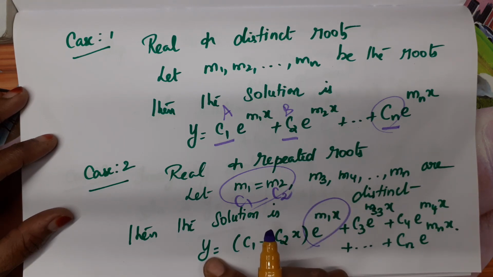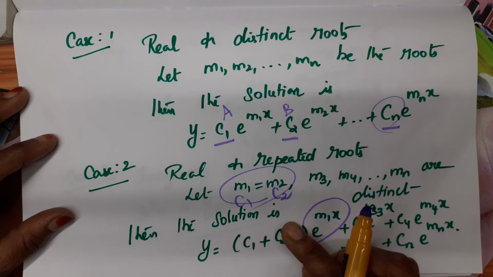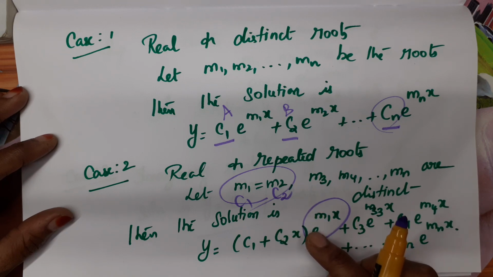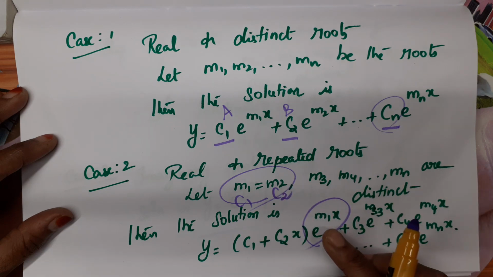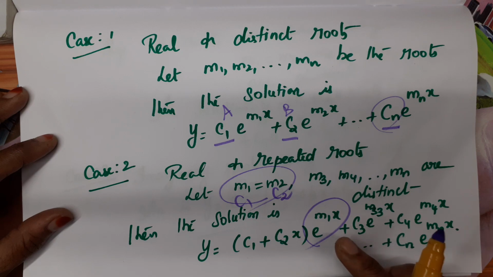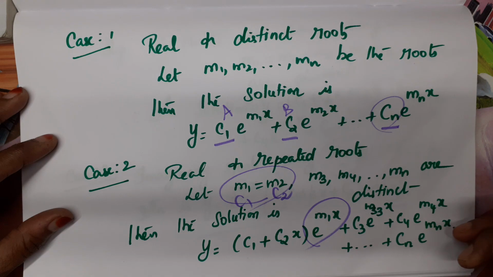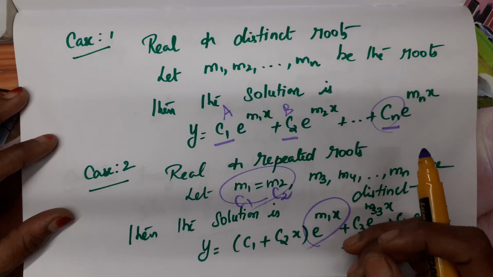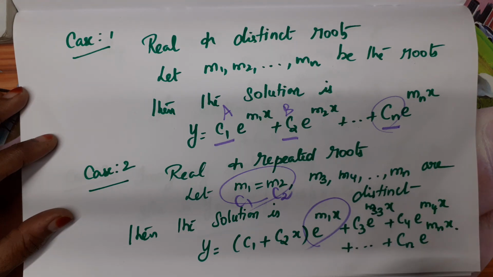So y is equal to (c1 plus c2 x) e^(m1 x), where m1 or m2, either one, since both have the same value. From the third root, as usual, plus c3 e^(m3 x) plus c4 e^(m4 x) plus etc., up to the last root cn e^(mn x).